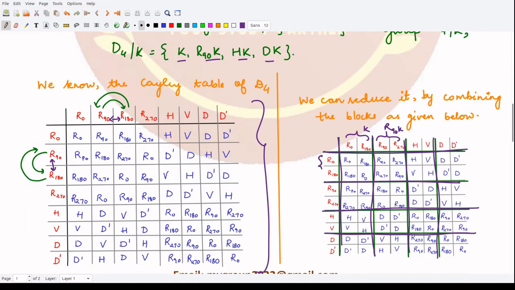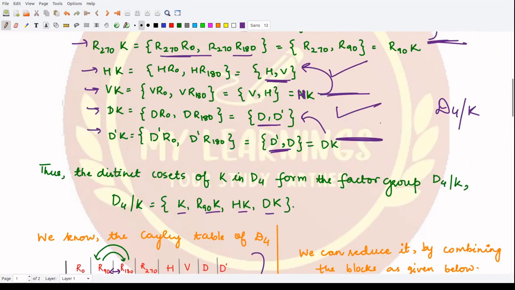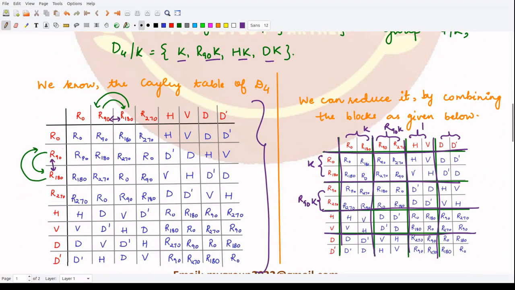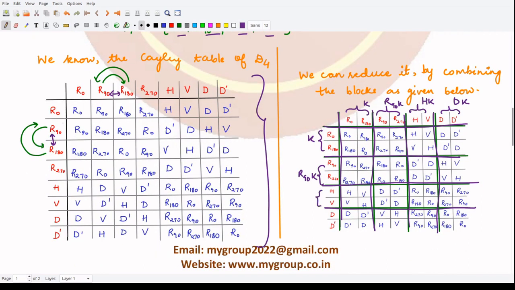Similarly, here also you can write K, and here also you can write it like this. And what are H and V, and D and D dash? You can see H and V come under HK, and D and D dash come under DK, so you can name them HK and DK. Similarly, here also it is HK and DK.